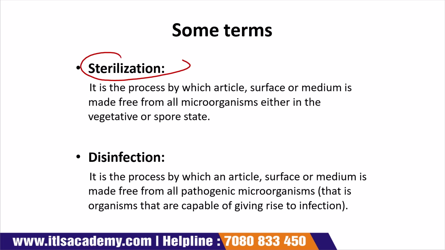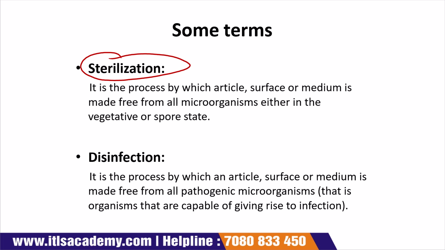So sterilization is simply a process in which a particular media or surface is free from all types of microorganisms. In that case there is no chance of growth of microorganisms, and even the microorganisms present in that particular area will be killed.